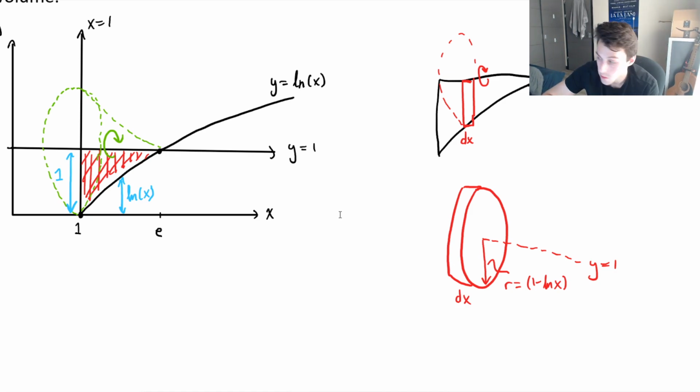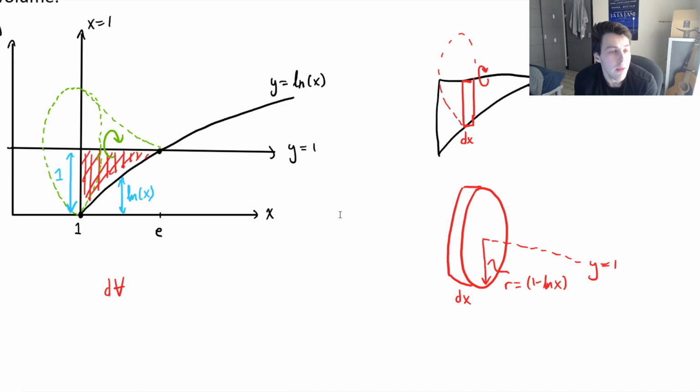Great. So what we can say is that this shape that we've created, we call this dv, and this means differential volume. We call this a differential volume because the dx, the thickness, is infinitely small. That is what differential means.